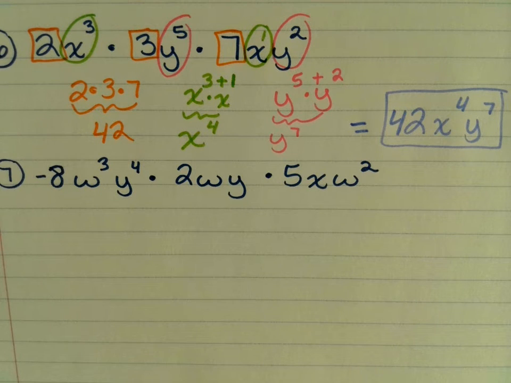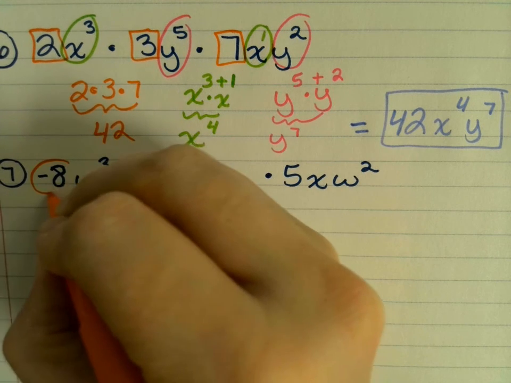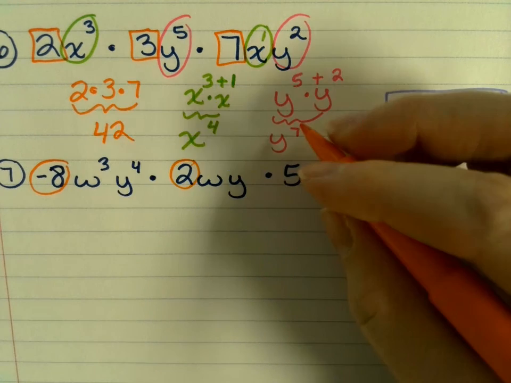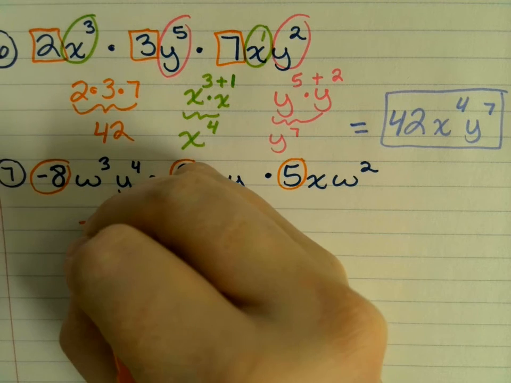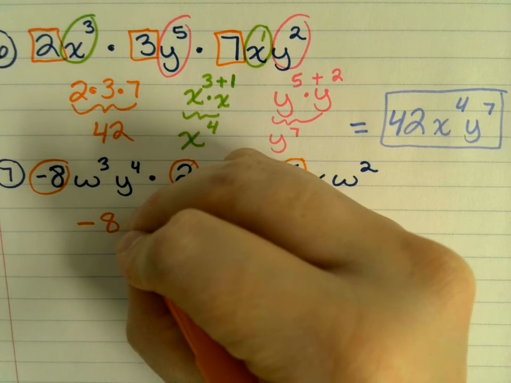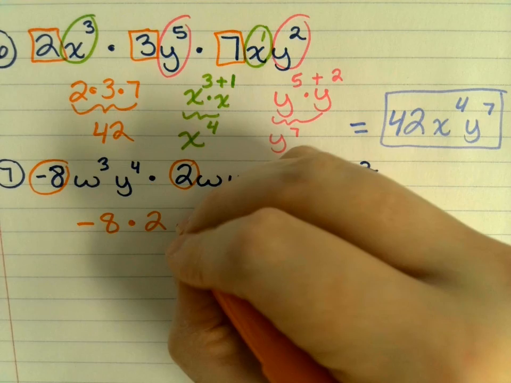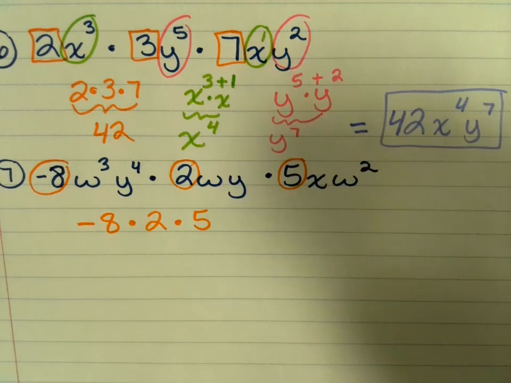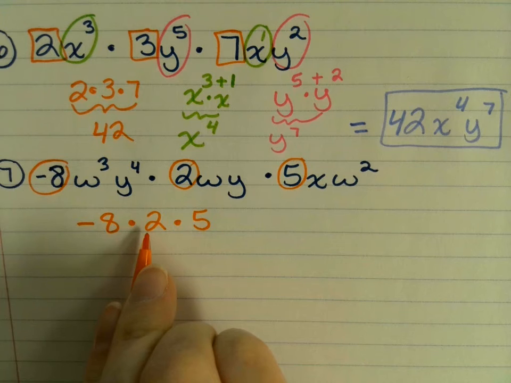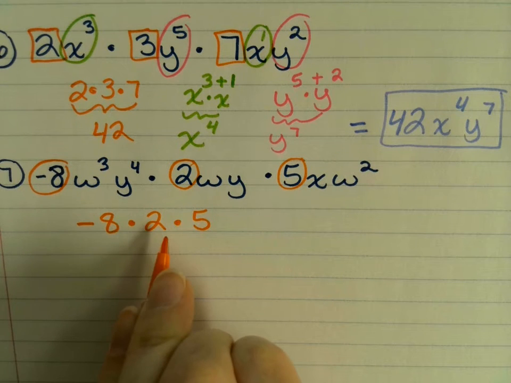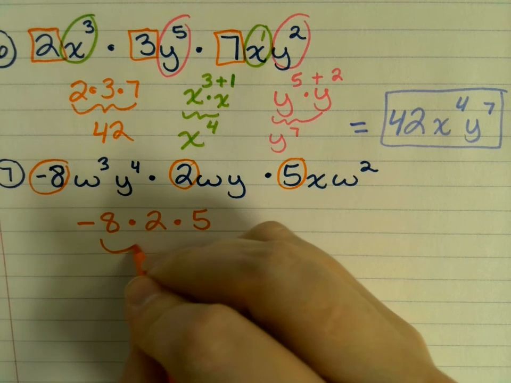But yes, that is correct. So we're going to take our coefficient values, -8, 2, and 5, and we're going to multiply those together. So we're going to do -8 times 2 times 5. -8 times 2 is -16. -16 times 5 is going to give you that -80.